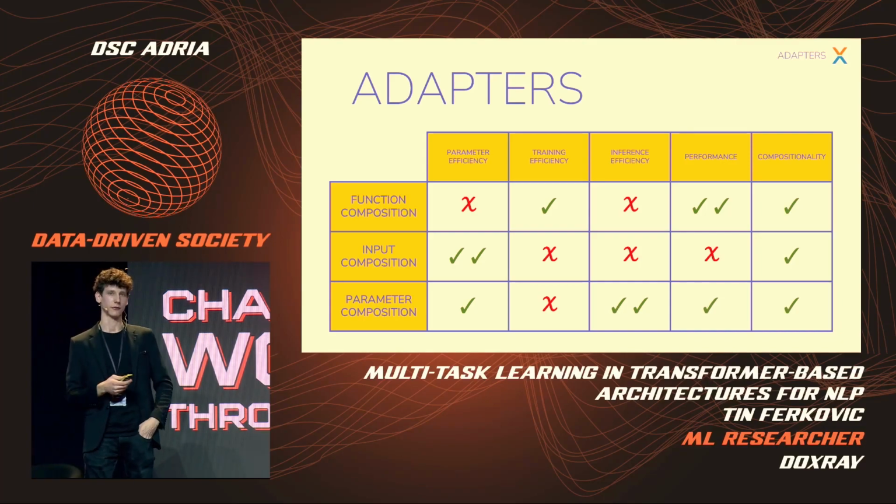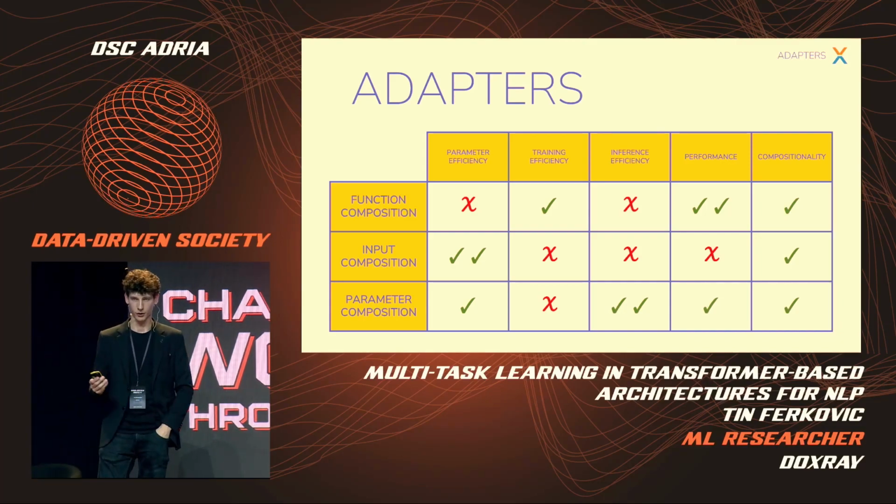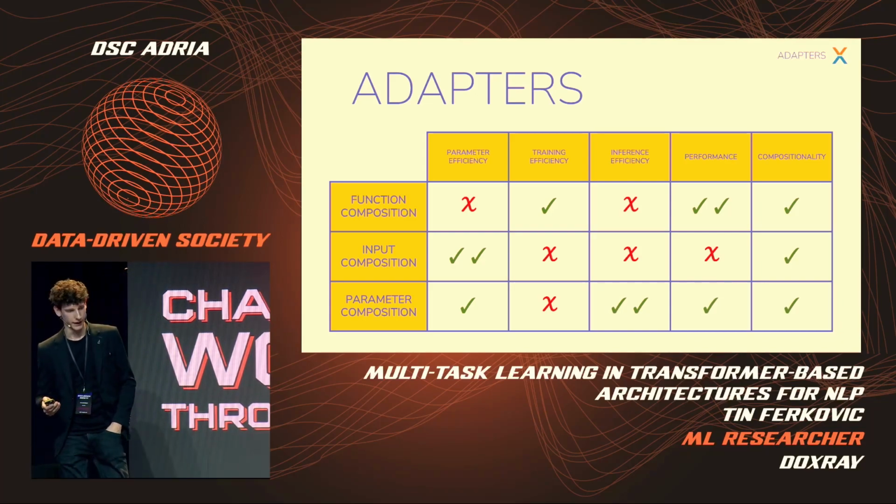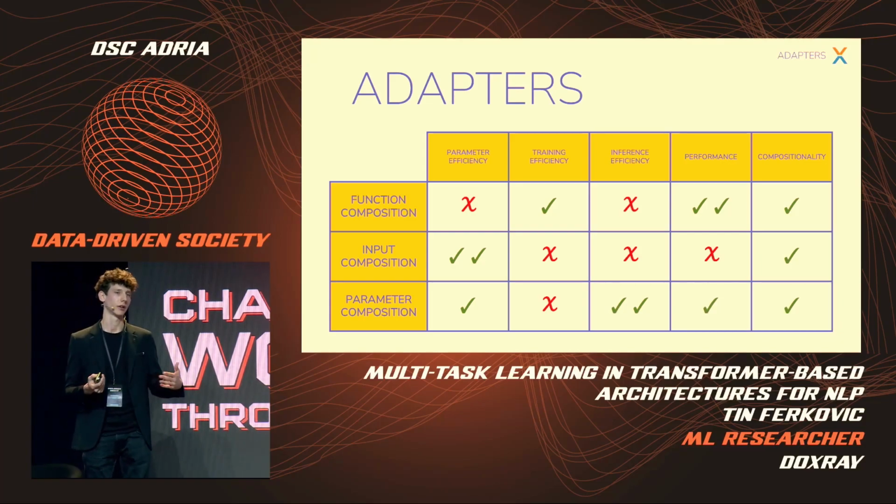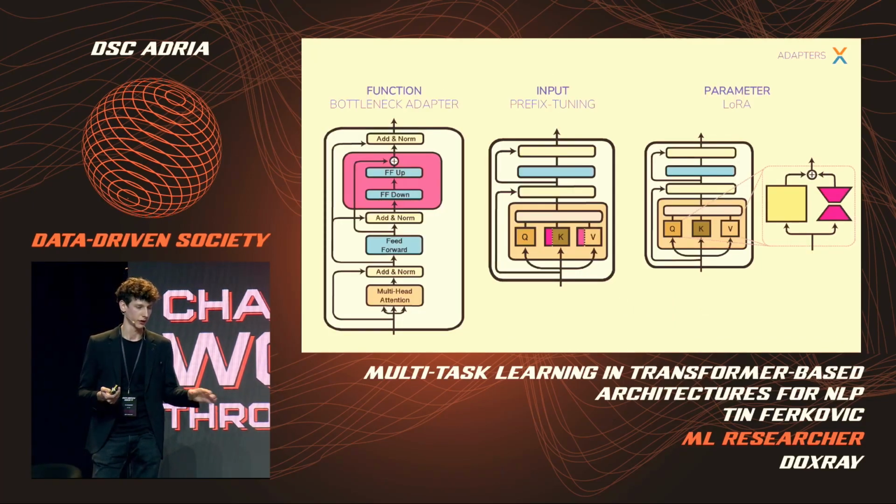Okay, but what if you want your training to be as efficient as possible? Maybe you need to train your models as fast as possible. Then, okay, function composition is fine with this. It is slower because you have this additional serial thing, but you train much fewer parameters, right, than in single-task learning. Well, the problem with input composition is now the largest. Why?